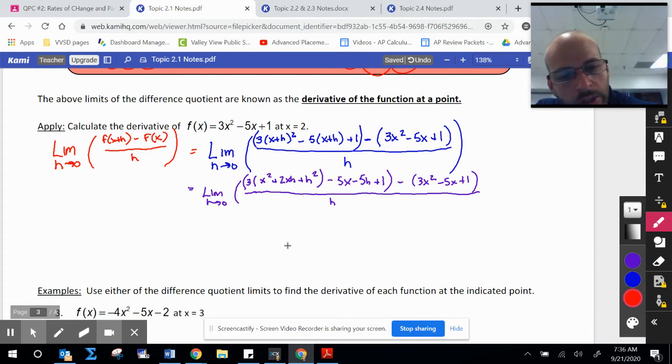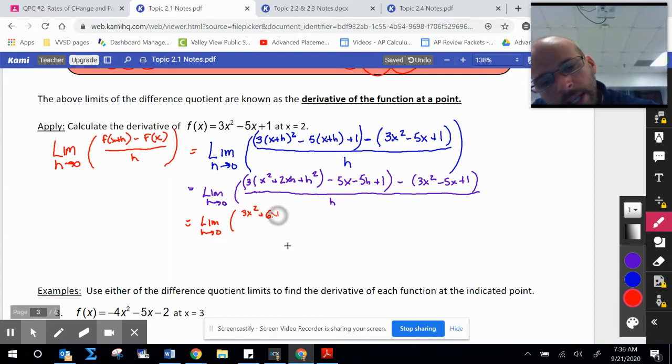Now I'm going to do a bunch of distribution here. I'm trying to change colors so you can follow my steps. As h approaches 0, if I do this, I get 3x squared plus 6xh plus 3h squared minus 5x minus 5h plus 1.